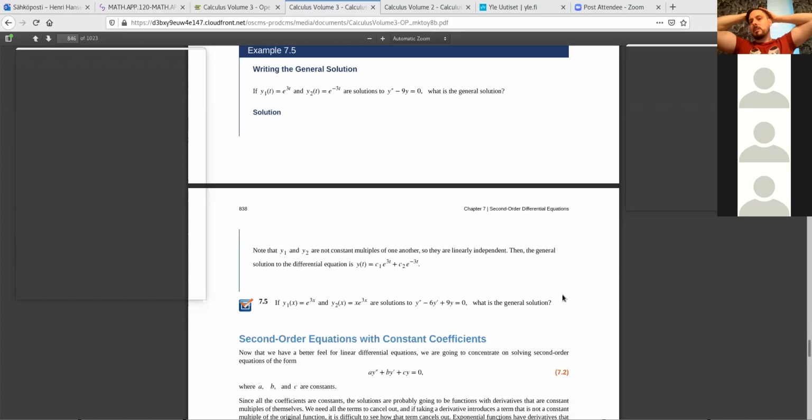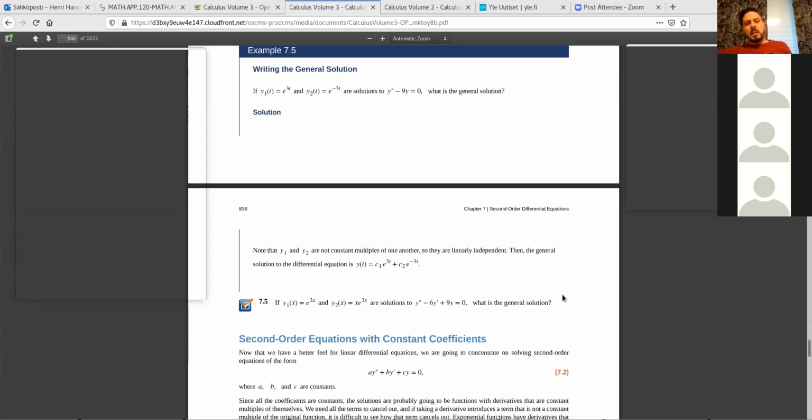If they are not constant, then there are tips and tricks that we could do, but in general, even if we can transform it into the standard form where we have this y prime prime and all the others are just functions of x, even if we could do that, then there is really no general solution. There are situations where we can find a solution, but generally speaking, the second order linear differential equation is already out of bounds, so that we don't have a generic solution for those.